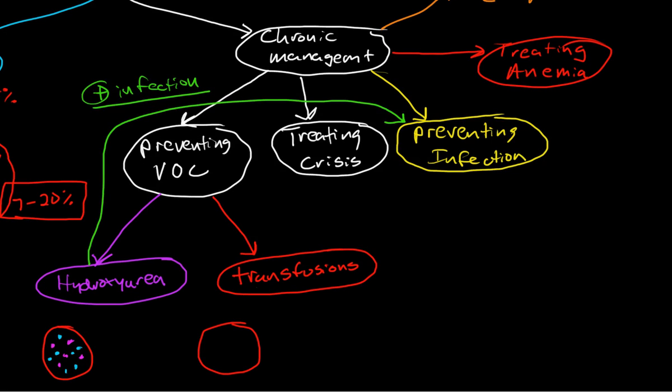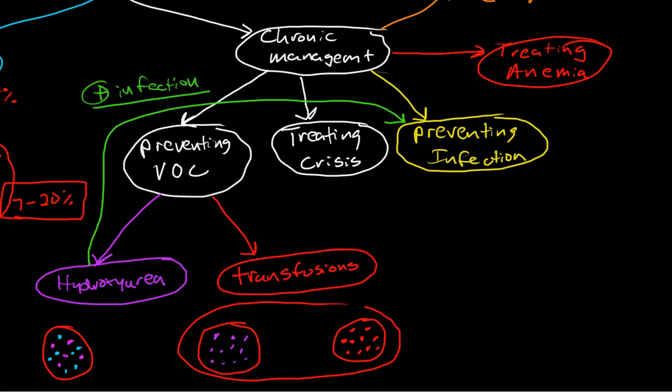In a sickle cell patient, all erythrocytes are filled with nearly 100% hemoglobin S. But if we give chronic transfusions, some of these red blood cells are going to have nice, healthy hemoglobin from the donor. This decreases the number of cells that can sickle, and this will decrease the number of crises that people have.